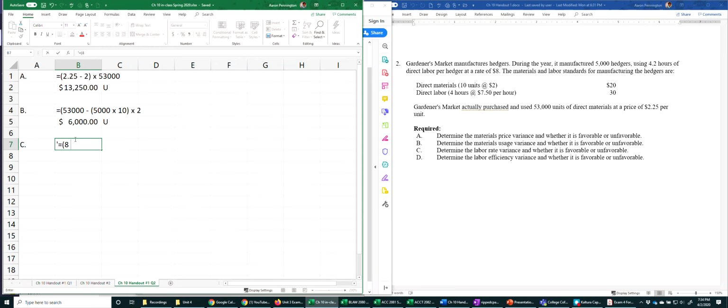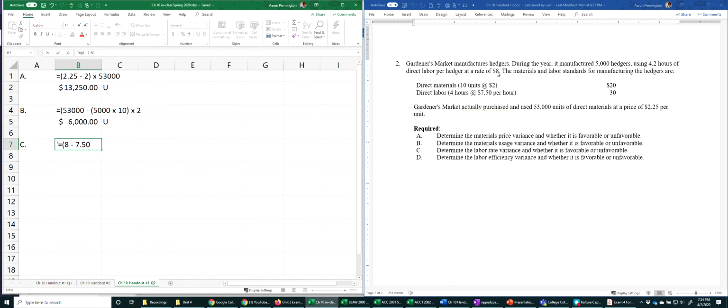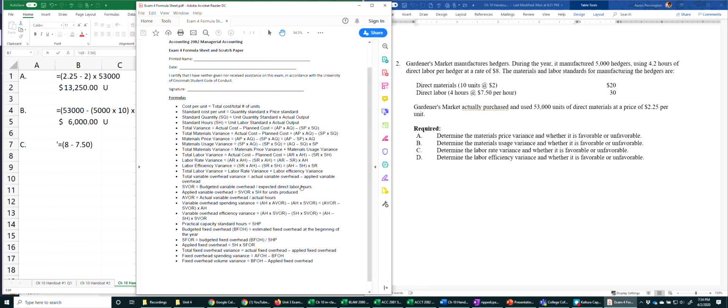So 8 minus 7.50, right? 8 comes from here, and 7.50 is the standard, times actual hours.